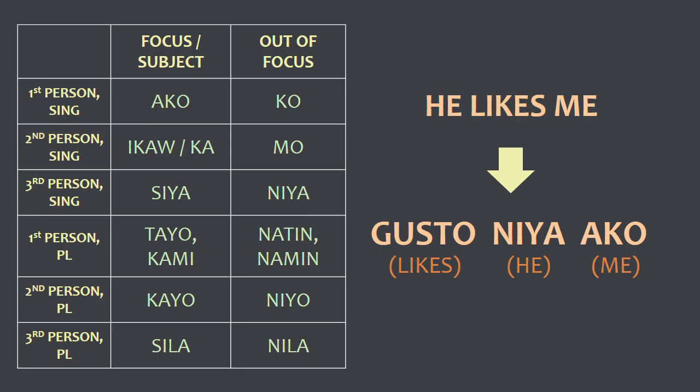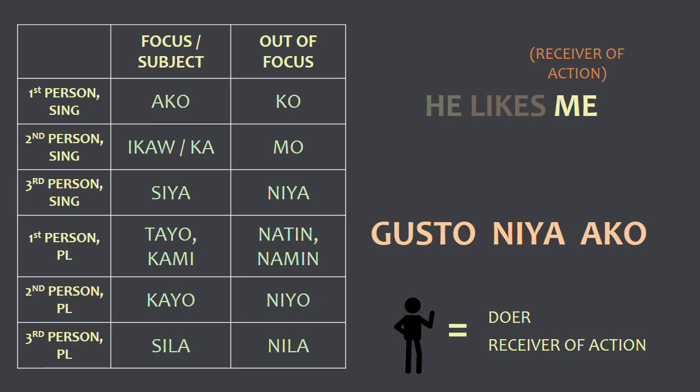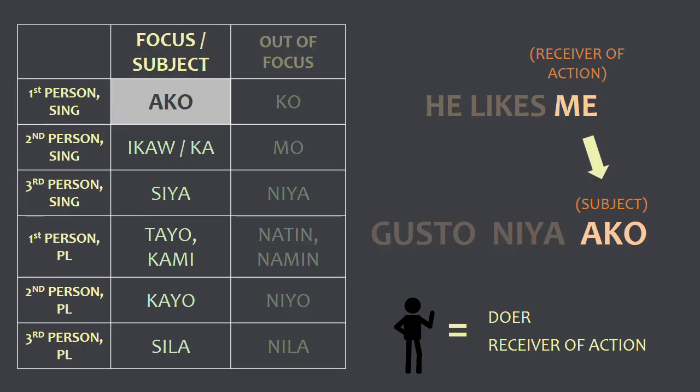And one example where this happens is when both the doer of the action and the receiver of the action are persons or people. Just like in this case, he, the doer, and me, the receiver of the action, are both persons. When saying this in the Filipino language, the receiver of the action will become the subject.